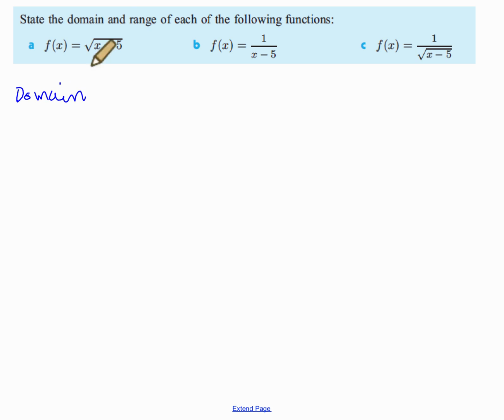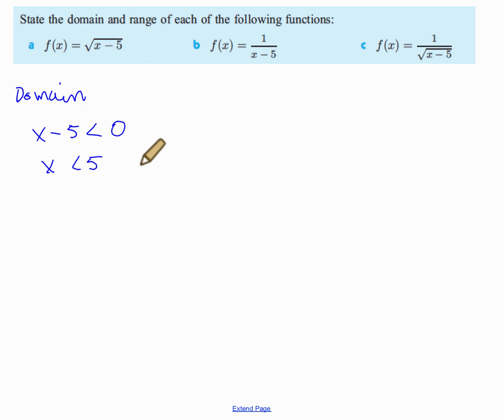We know that we cannot find the square root of a negative number. So we need to find out when, inside of the square root, the x minus 5 is going to be less than 0. Not equal to, because we can take the square root of 0. So that would be when x is less than 5.